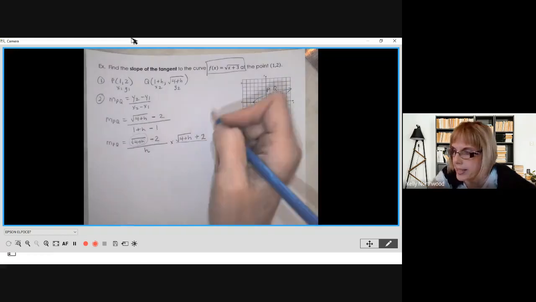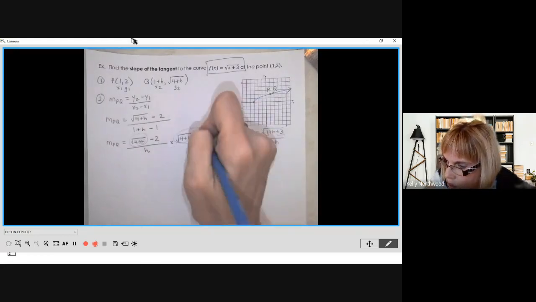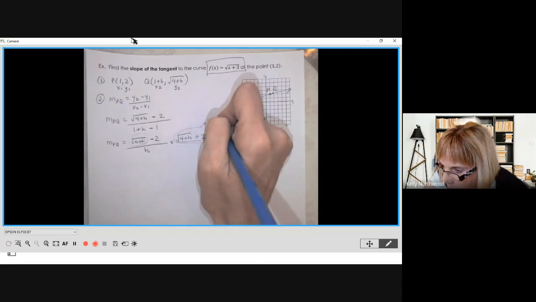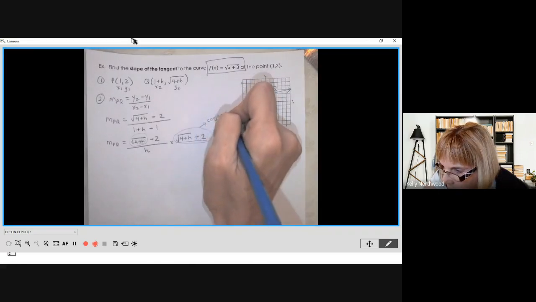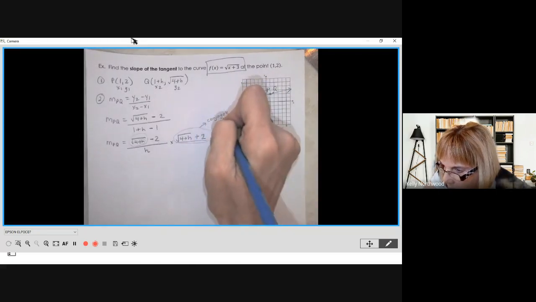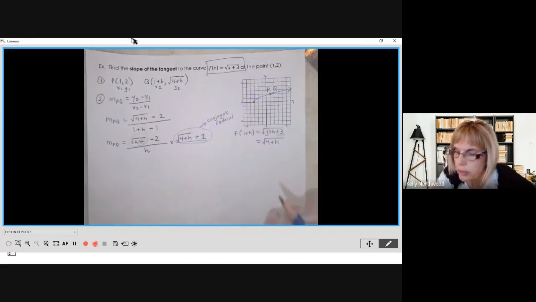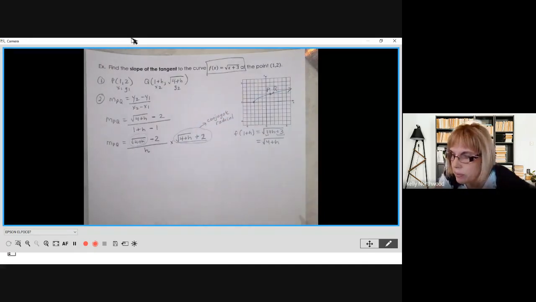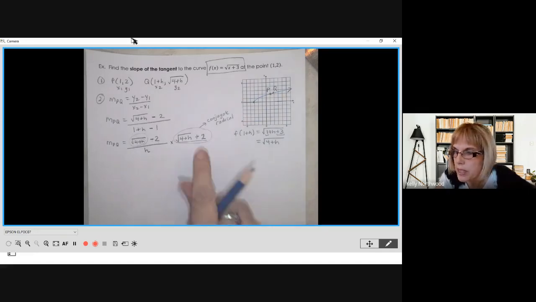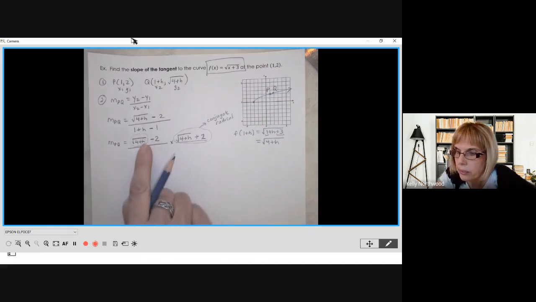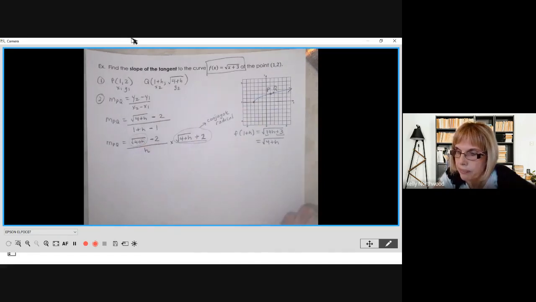Okay, so this here is called the conjugate radical. Radical, if you remember from grade 11, means the square root symbol, the positive square root symbol. And root 4 plus h plus 2 is called a radical expression. It happens to be the conjugate radical of root of 4 plus h minus 2.